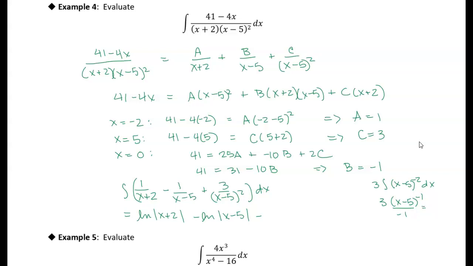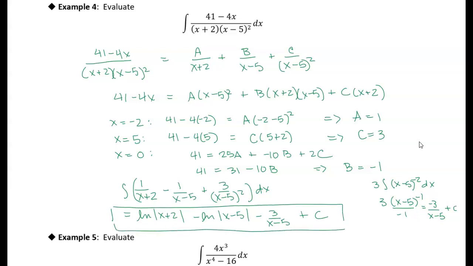That just becomes minus 3 over x minus 5 plus C when I integrate that. So I'm just going to write that as minus 3 over x minus 5 plus C. And that's it. That's my final answer there. And I will join you for the next video.